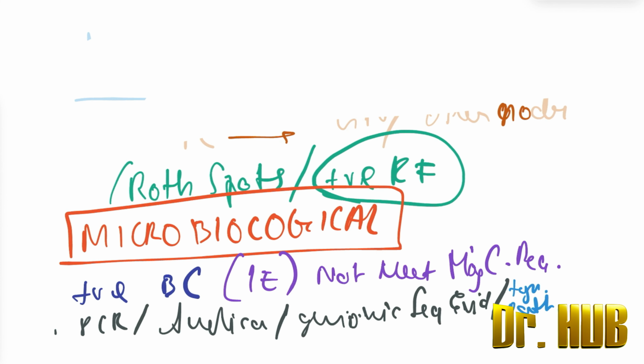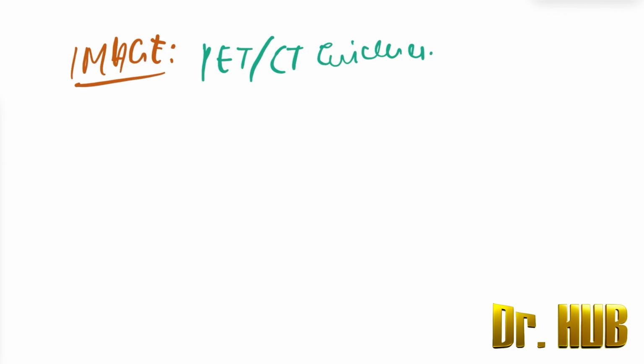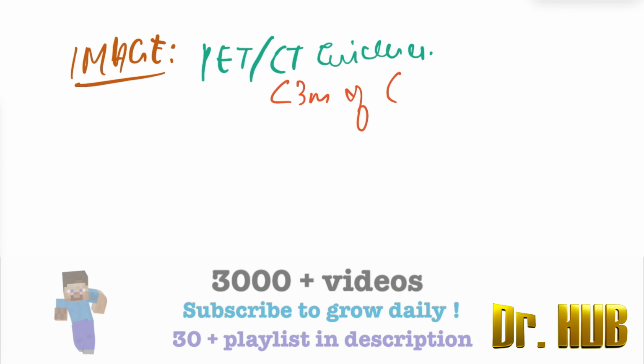Moving further, there is also imaging in the case of the minor criterion. So what do we have in imaging? Under imaging, there is PET or CT evidence, and this is in less than 3 months of cardiac surgery. Then we move on to the physical examination.